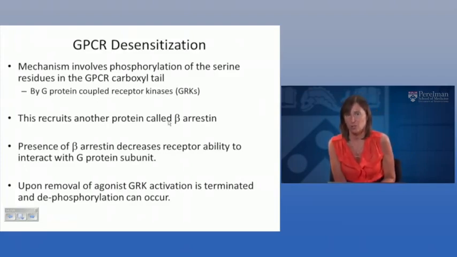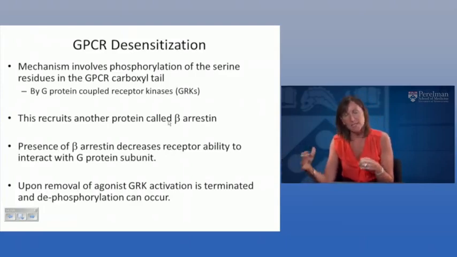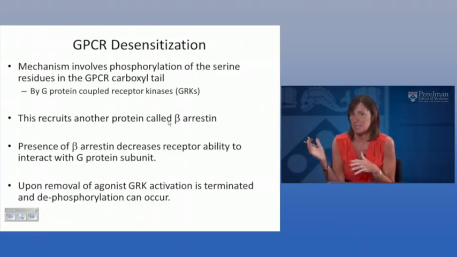And we now have the evolution of a new class of drugs which are targeting beta-arrestin as well. The presence of beta-arrestin attached to this carboxy tail of the G protein coupled receptor decreases the receptor's ability to interact with the G protein subunit. And if they can't interact in that regard, well then the downstream second messenger signaling processes get terminated.